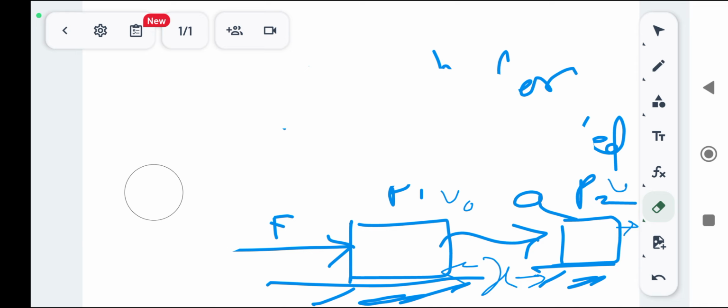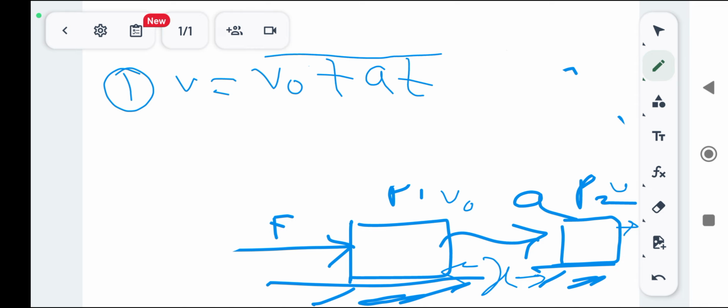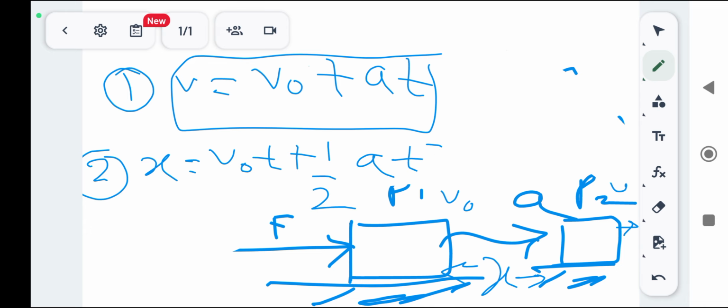Now, first equation is what? v is equal to v0 plus at. Okay? This is the first equation, and second equation is x is equal to v0t plus half at square.